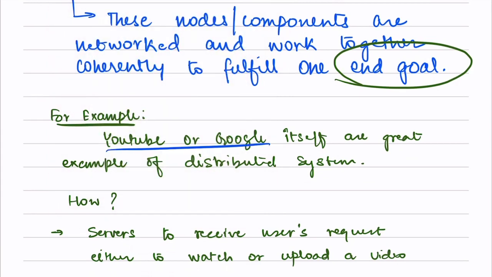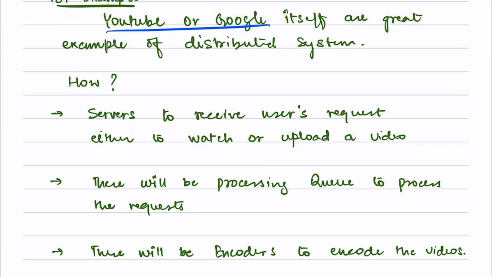So how will it look? They have servers to receive users' requests, either to watch or to upload a video on YouTube. The end goal is obviously that it's a video platform, so you'll be watching videos.